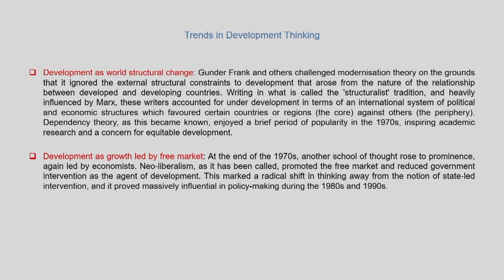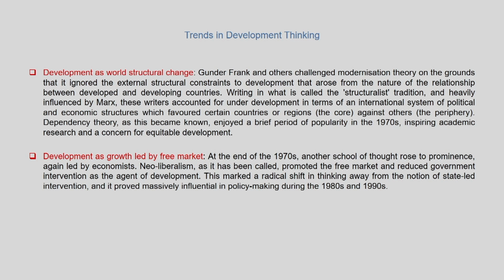At the end of the 1970s, another school of thought that rose to prominence was again led by the economists, and they called themselves the neoliberals, where development was considered as growth but led by free market mechanisms.